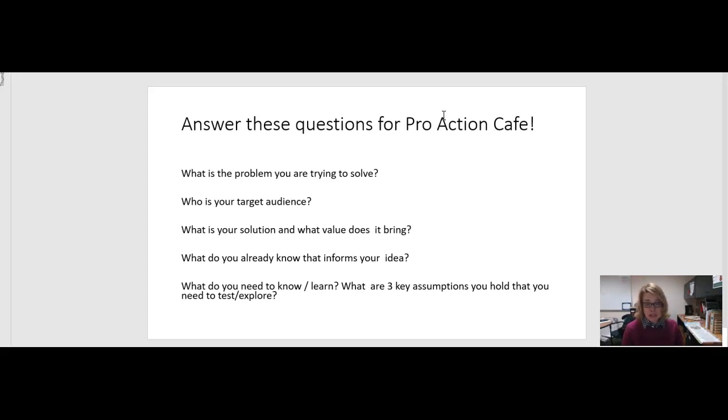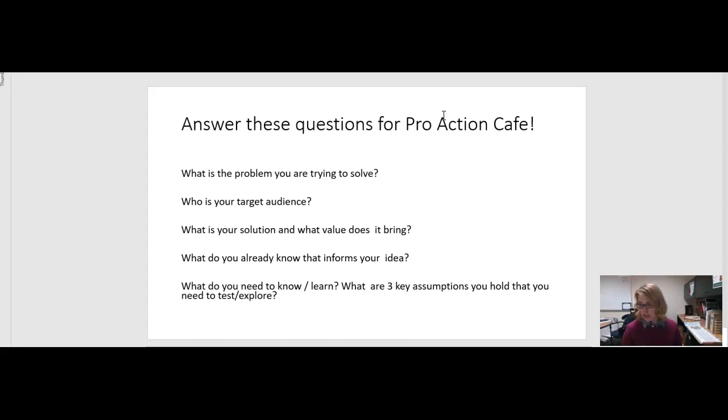And I would like you to bring into the classroom, in addition to that worksheet that we talked about earlier, and your physical prototype, whether it's on the screen or on a piece of paper or actually something you create physically, in addition to that, I want you to be thinking about what are 3 key assumptions that you are holding about your prototype, about your problem that you are trying to solve, and the solution that you are trying to present.